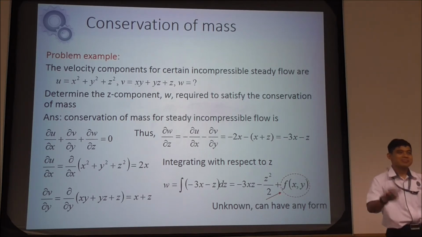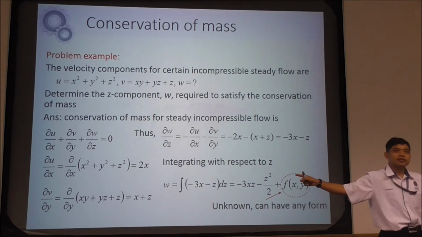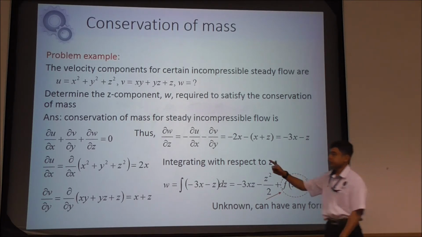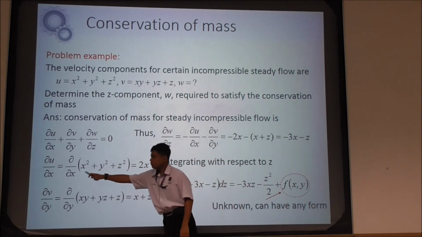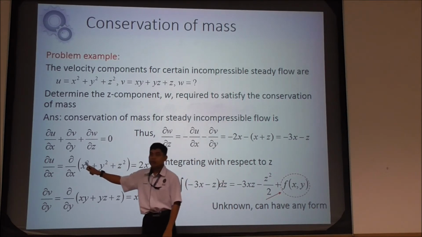No. That one is partial derivative. That one is ordinary. So you cannot do that. In the partial, if y is not a function of x, it becomes 0. So you treat only the one with x.